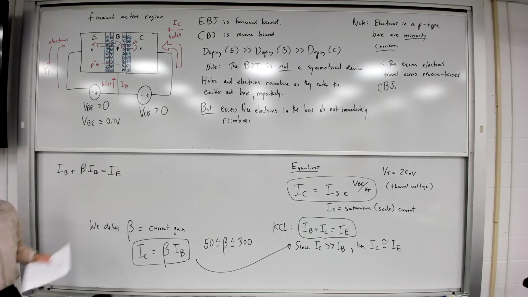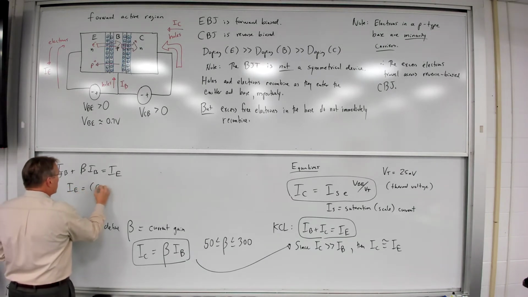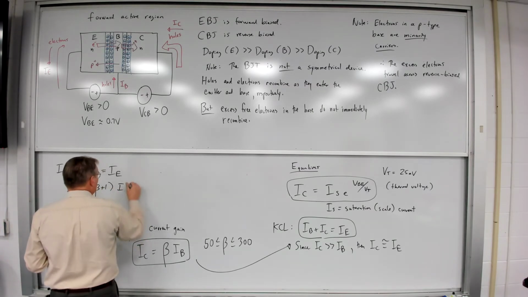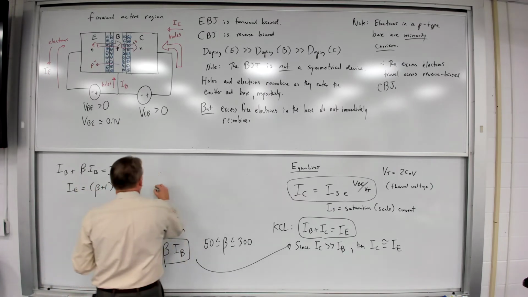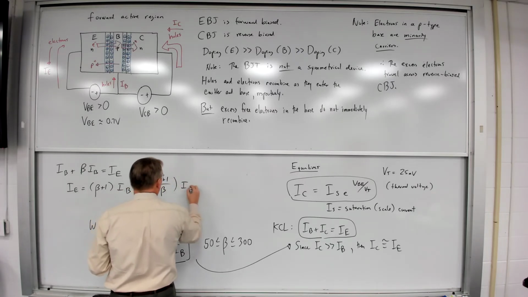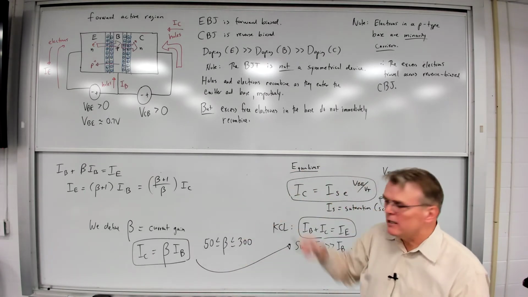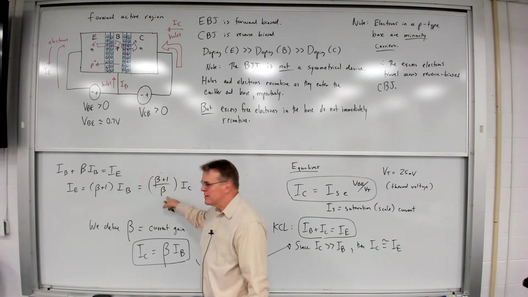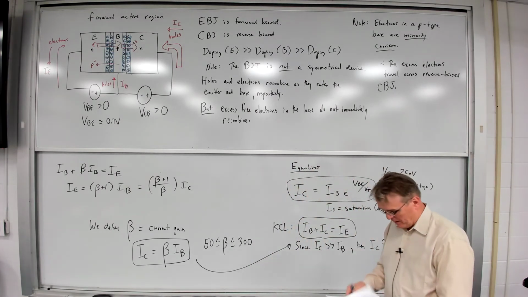IB plus beta IB is equal to IE, and therefore IE is equal to beta plus 1 times IB. Or it's equal to beta plus 1 over beta times IC. So IE is slightly larger than IC, but if beta is big, if beta is large, then this tends toward unity. All right?